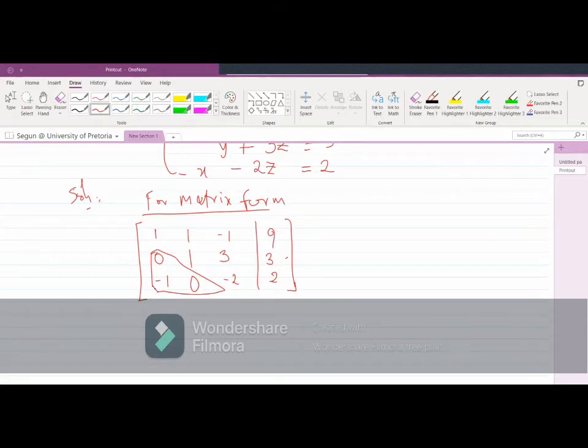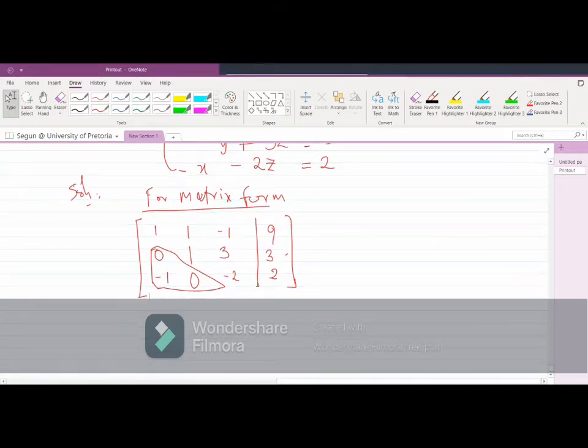Then part 2 is to put everything back into the equation. That's why it's called back substitution, and you get your x, your y, and your z.